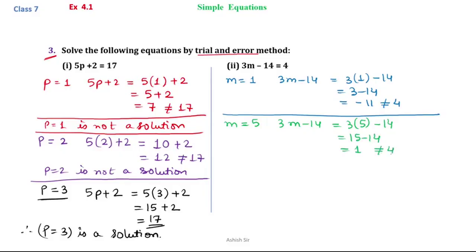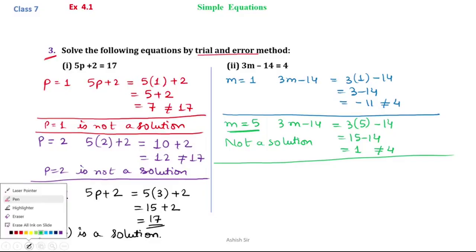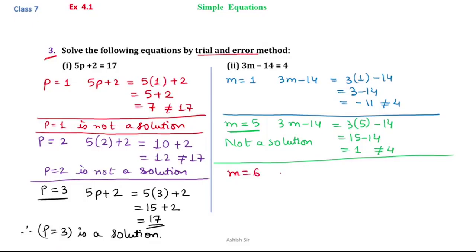Again it's not equal to 4, so m equals 5 is also not a solution. Okay, so we will move on to some greater value. Let us try with 6.